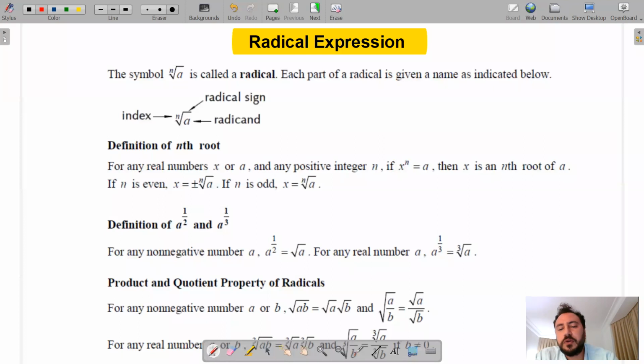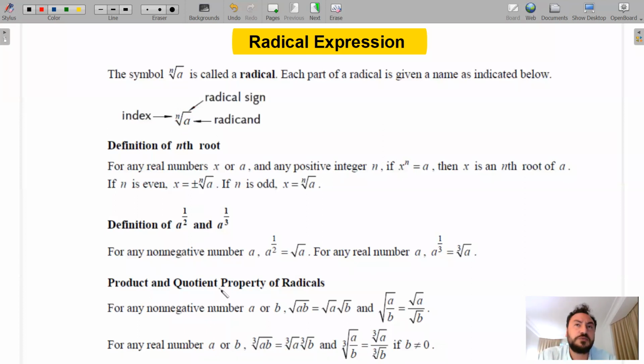Now, when we talk about radical expressions, we are talking about roots. Specifically, we always call it the square root because we assume that the index n is equal to 2, but there can even be a cubic root, like in this case, a root out of 4, and so on.